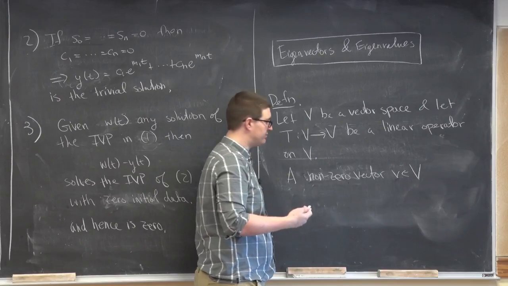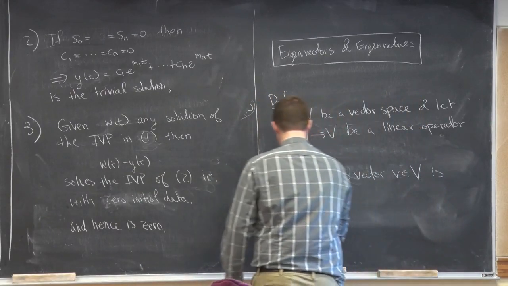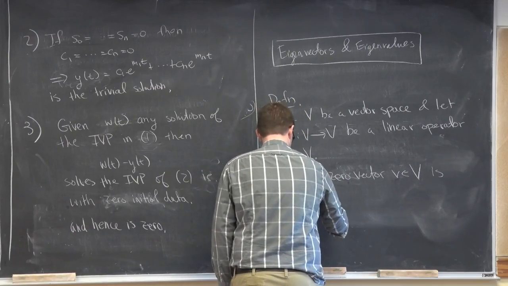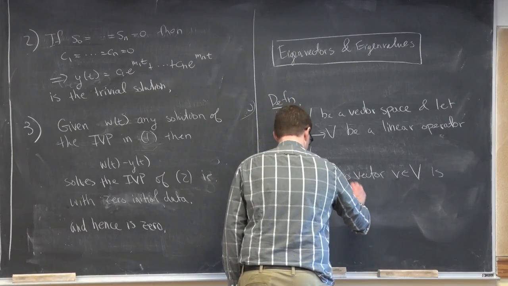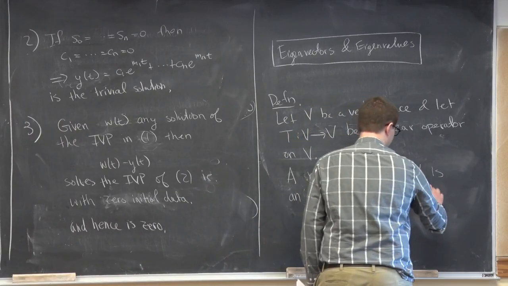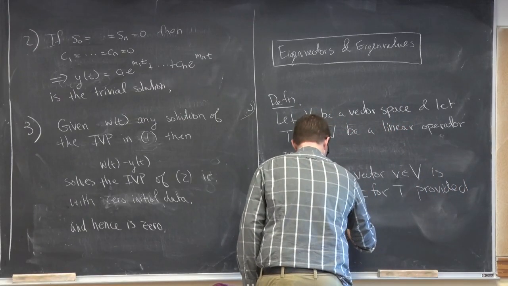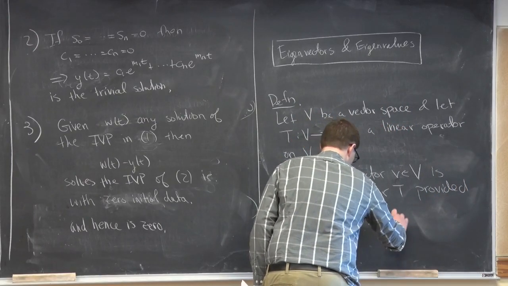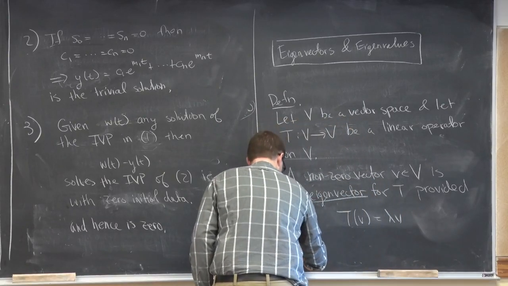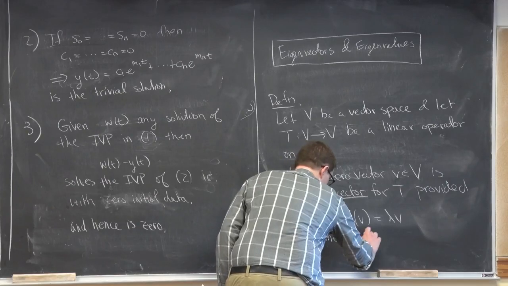Okay, so this is general. So a non-zero vector V is an eigenvector for T, provided T of V is equal to lambda V for some lambda here.